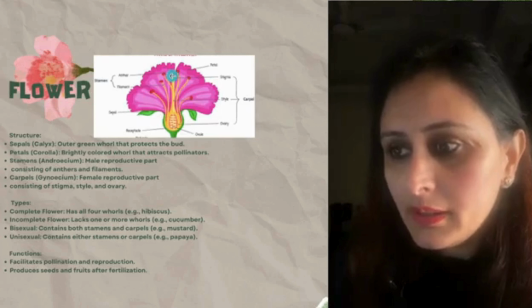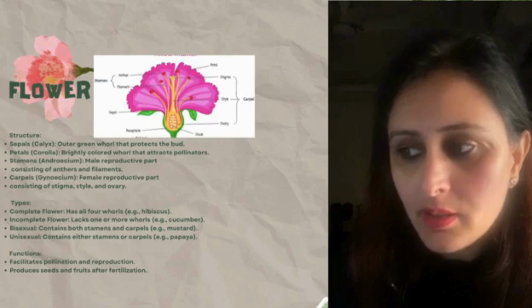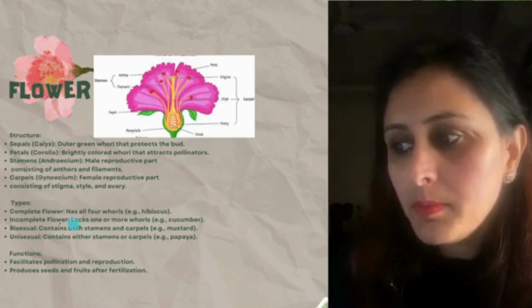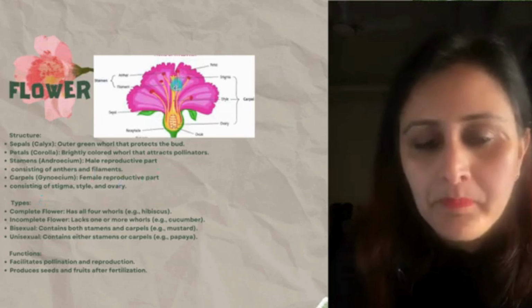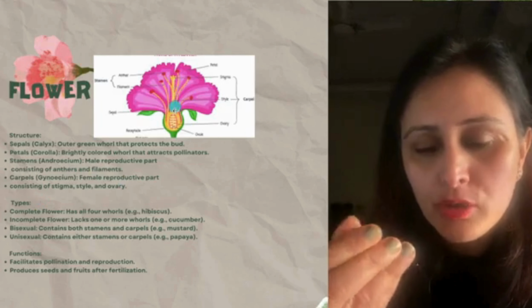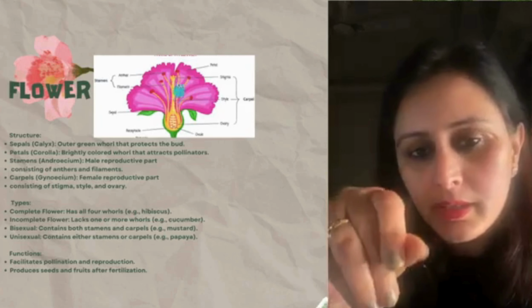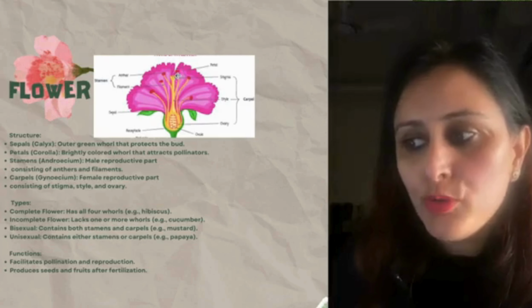So the carpel is the female reproductive part, which is here in the center, this stalk-like structure we can see here. This part is called the style, and above is the stigma. Stigma has a sticky nature, so whenever the pollens sit on that, they get stuck, and thus a pollen tube is formed.